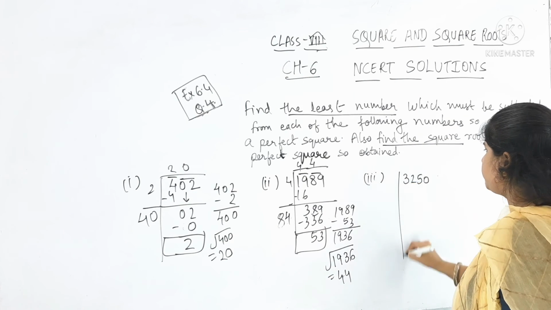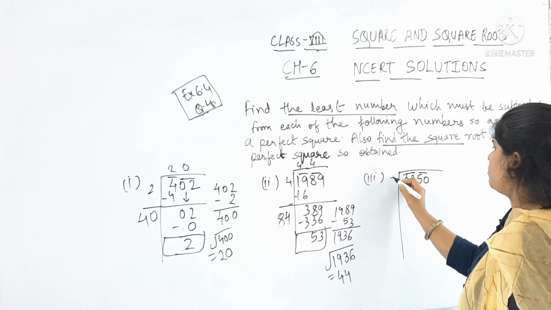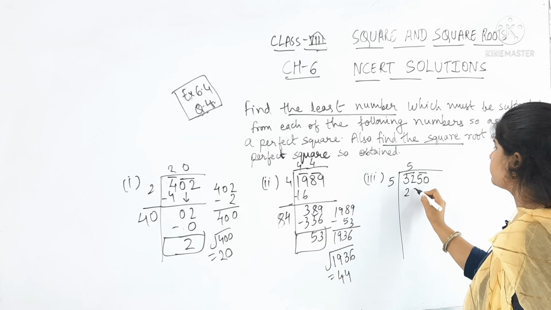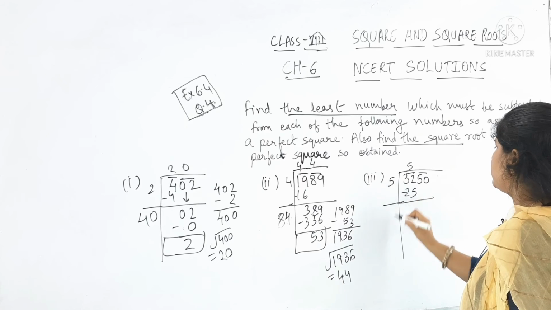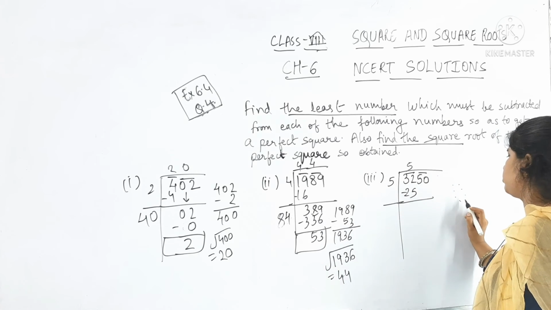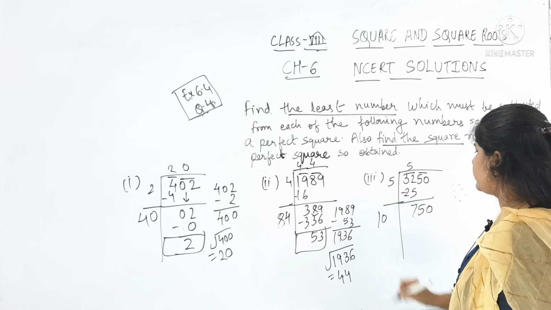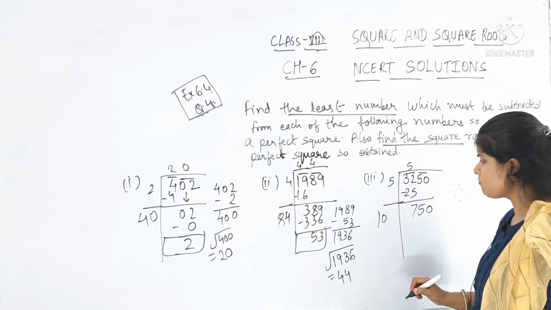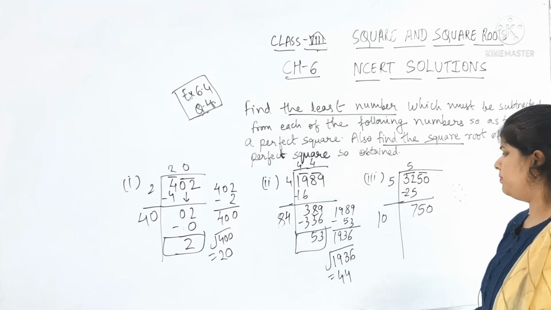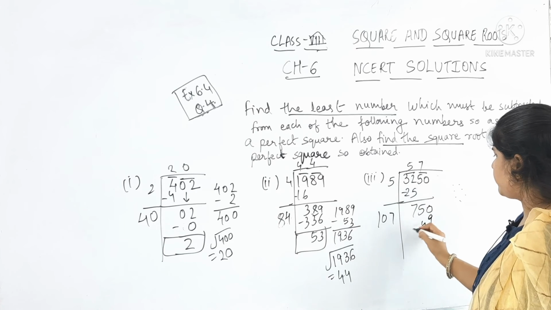Now come to the third part, like this. 5 5s are 25, 26, 27, 28, 29, 30, 31, 32. That is 750. 5 plus 5 is 10. Here 7 7s are 49, 7 1s are 7.